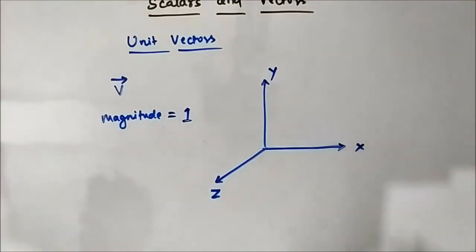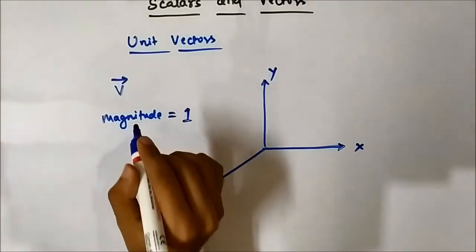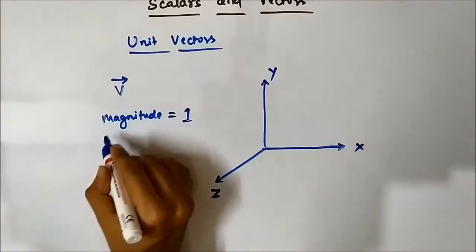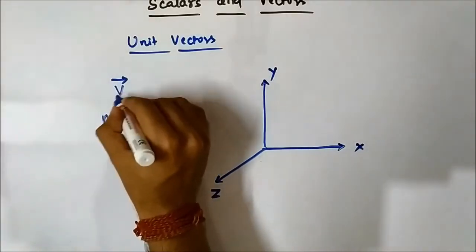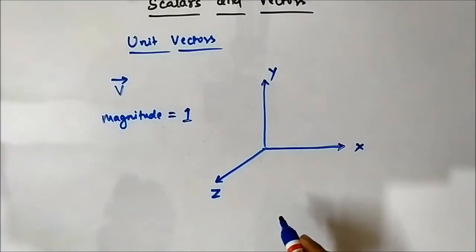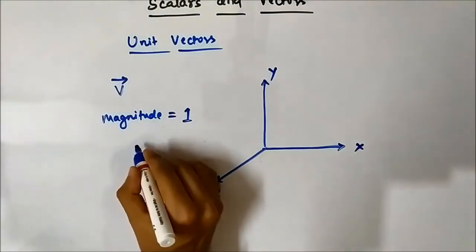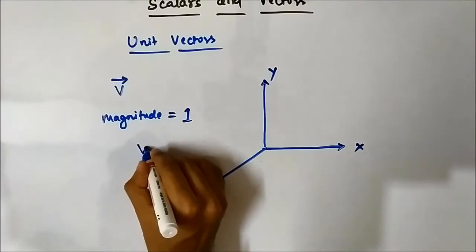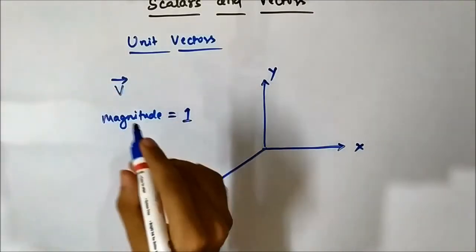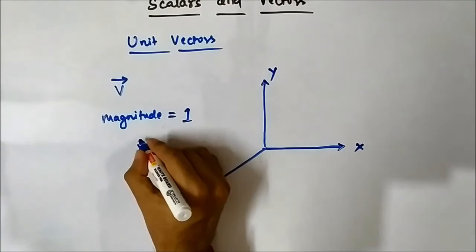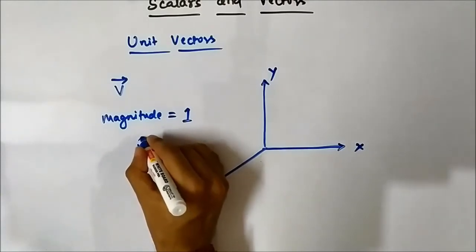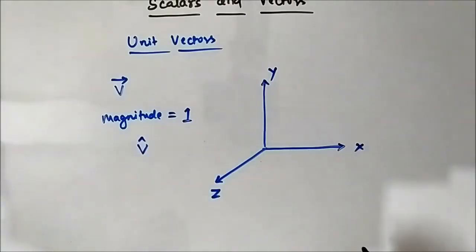That's why it is called a unit vector, and it has the same direction as the original vector quantity. The unit vector is represented by the same symbol used in the original vector, but with a cap symbol on top of it.